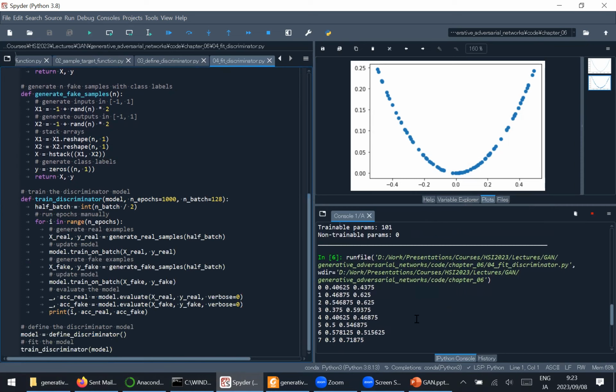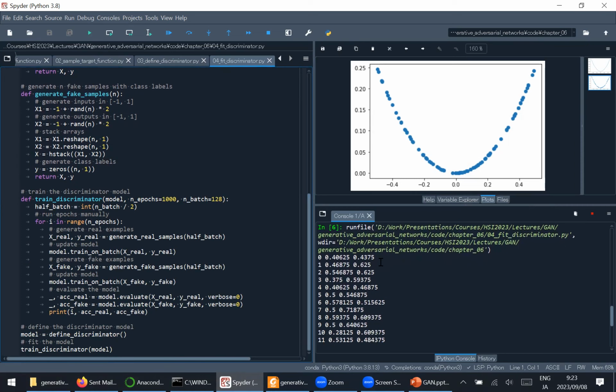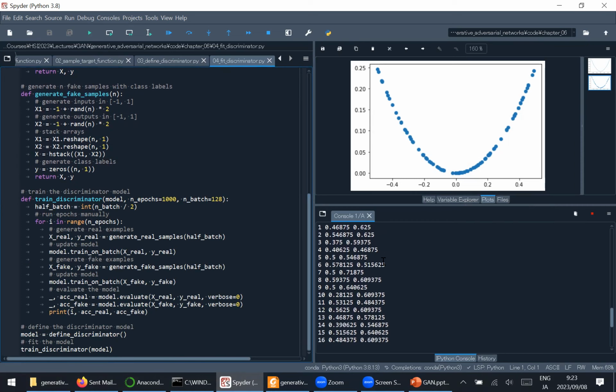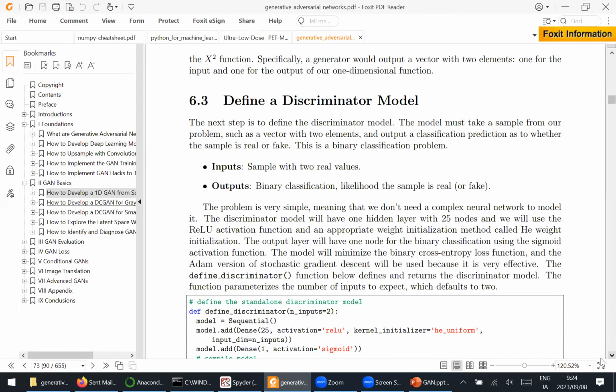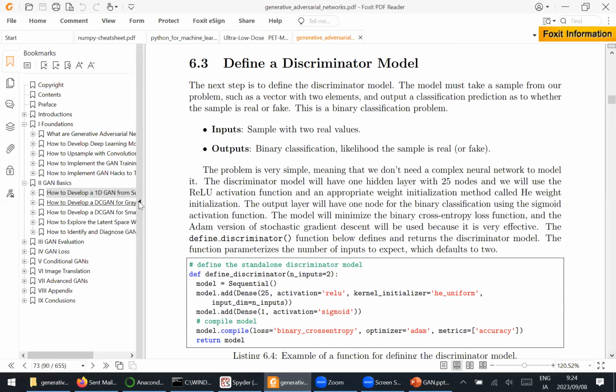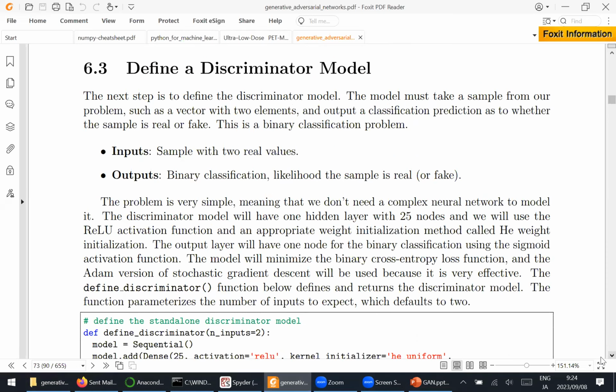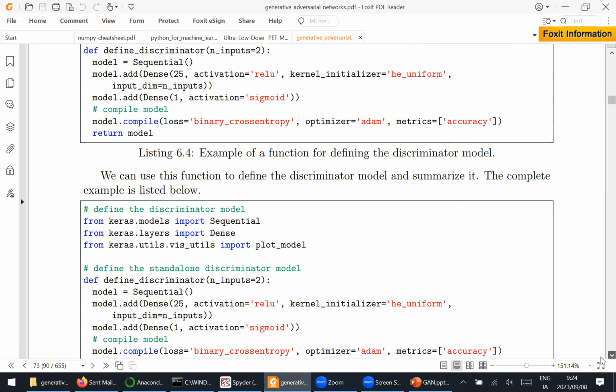You see it starts off at about 50%, but hopefully we'll see it go up. I'm going to do 1,000 of these epochs. So I'm going to stop this and go back to my PDF here and go down.